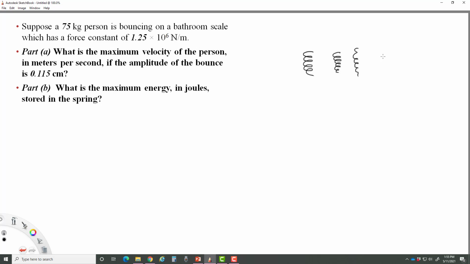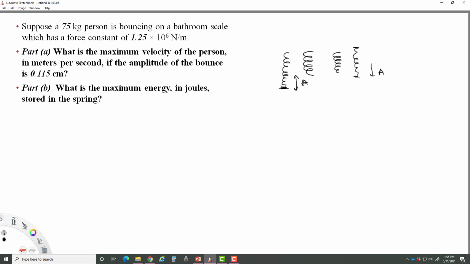So when the spring is at the maximum displacement position, its displacement would be amplitude. Okay, so that's the equilibrium. Okay, so it's stretched. Okay, it goes up to here.